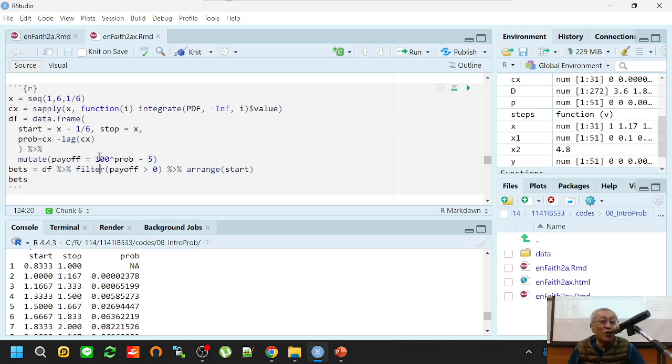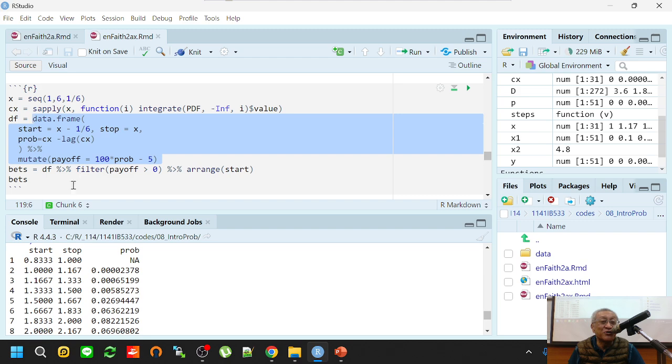In order to calculate the payoff, the beauty of R programming is that you simply use one line of code. You can calculate the net expected profit of betting on every 10-second period and put it in the data frame.